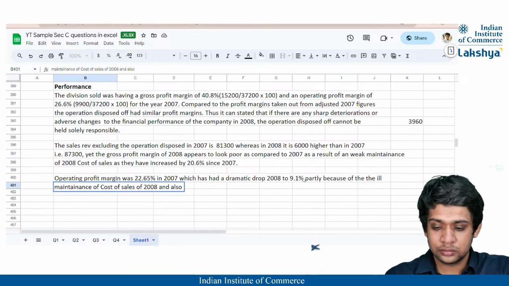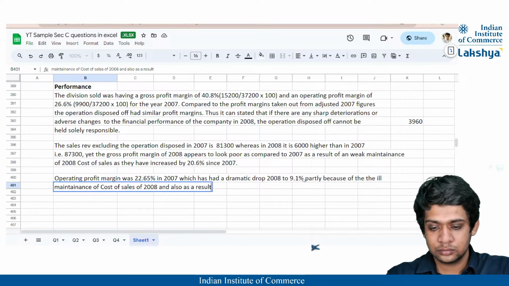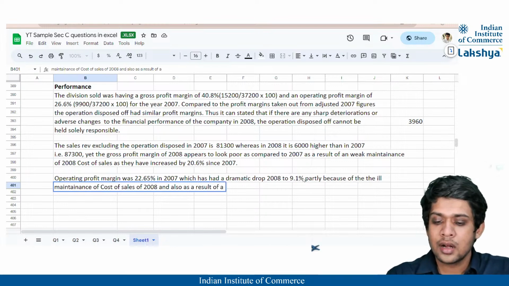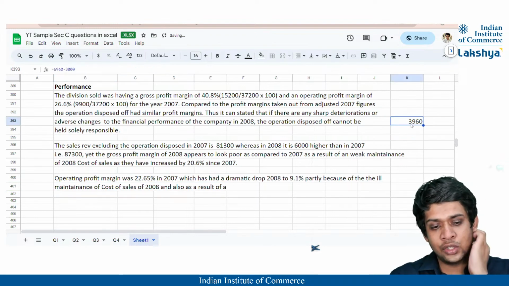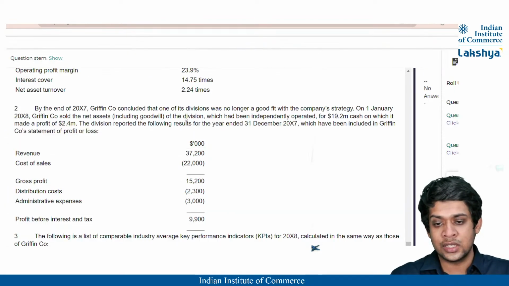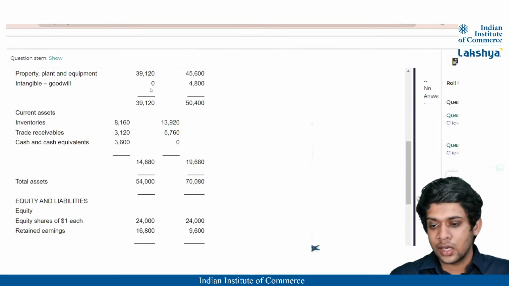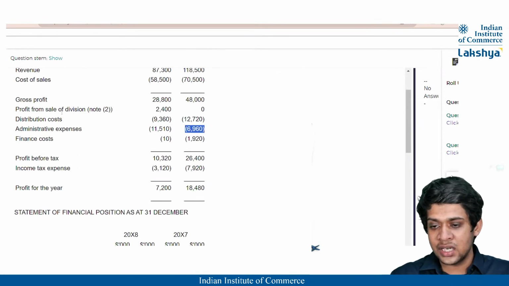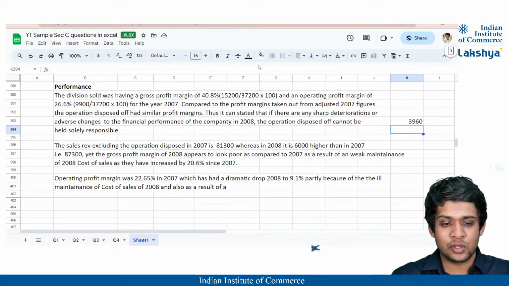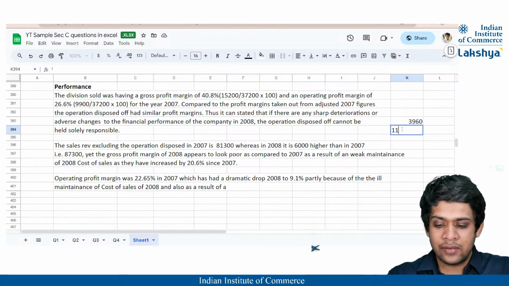And also as a result of what is the increase? You can see here it was 3,960, the adjusted administrative expenses, and now it has become 11,510, right? So this is almost like 3 times, right?